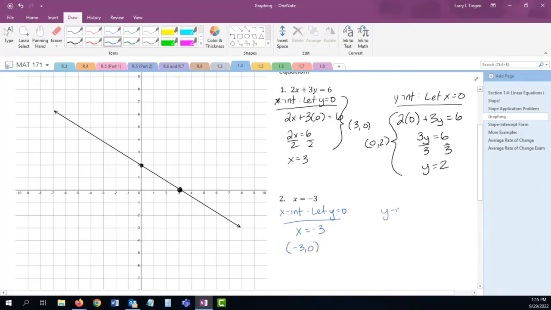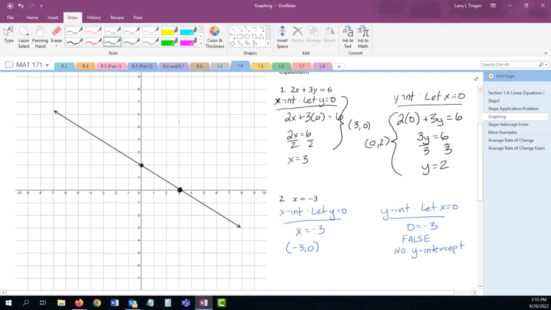Now, if I go after the y-intercept, this is where I let x be 0. If I let x be 0, I find that 0 is equal to -3, which is false. Right? 0 is not equal to -3. If I end up with something that makes no sense, it means the thing I'm looking for doesn't exist. So this means there's no y-intercept.